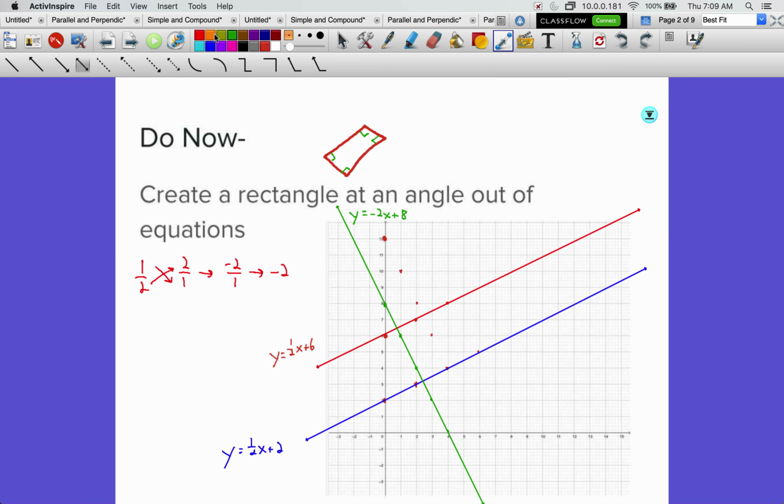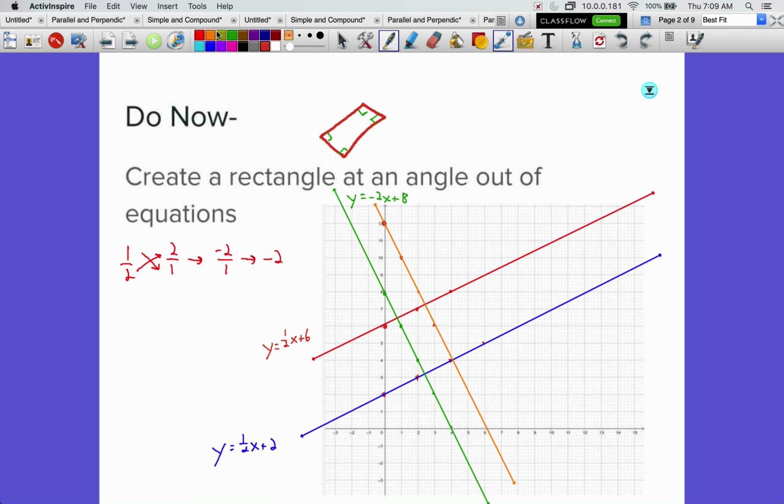And this should look like a rectangle right in the middle there. And that last equation was y equals -2x plus 12. It crosses at the 12. All right, we'll shade in our rectangle, make it very clear where our shape is. It's right in here.